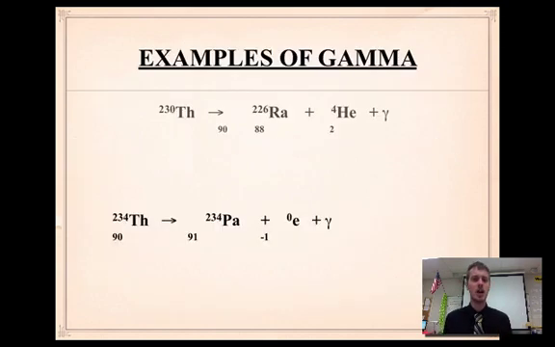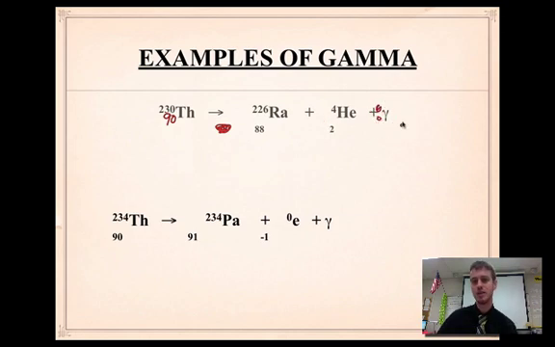So here's a couple of examples. Okay. As you can see, we go through alpha decay because we emitted an alpha particle, and you'll also see that a gamma ray is also emitted.